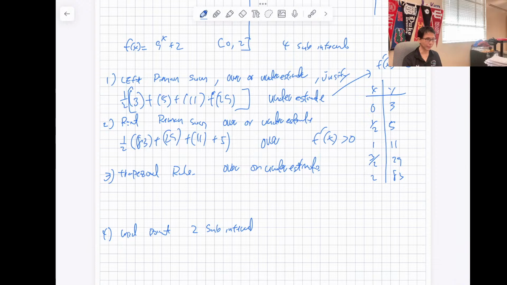Trapezoid. Okay, so trapezoid is going to be each individual one. So 11 plus 5 over 2, well, that's the base. Sorry, I don't need 1/2 here. Times the height, which is half. Oh, I can do a half in the front.